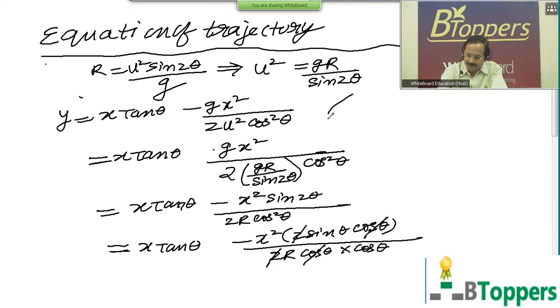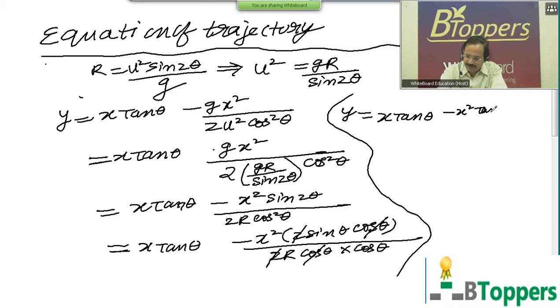Therefore you can take y equal to x tan theta minus x square tan theta by R. You can take x tan theta common there.